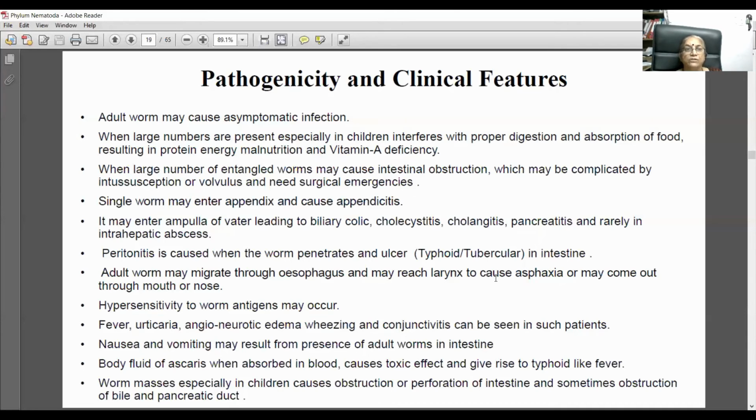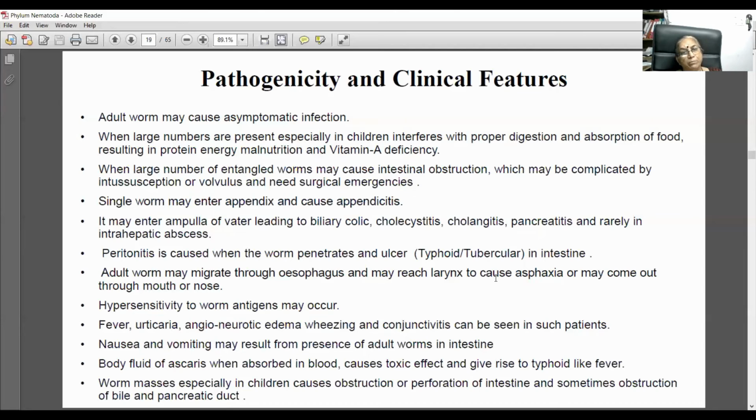Surgical intervention is the only thing that can be done in these cases. A single worm sometimes enters into the appendix and causes appendicitis, that is inflammation of the appendix, and many times that also needs a surgical intervention.